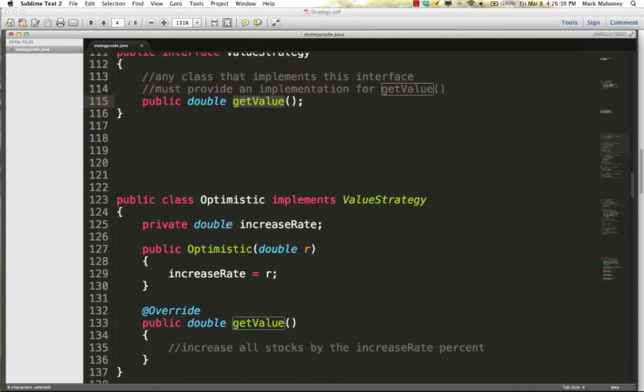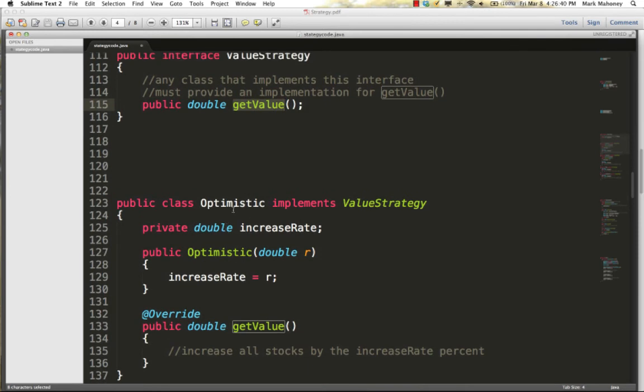Then we start to define these actual strategies. So the Optimistic class implements ValueStrategy. And remember, what we're going to do with Optimistic is take the current value of the market and increase it by some rate. So there's a constructor that takes a rate.